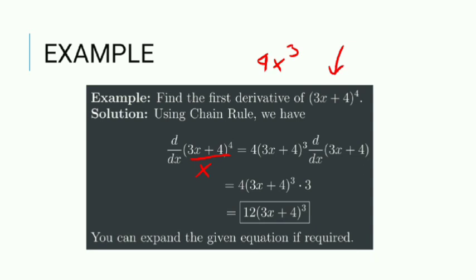And then this x is that, okay? Substitute it back. We will have 4 times the quantity 3x plus 4 cubed. Then let's take the derivative of this term, which is d dx of 3x plus 4, which is just 3. And simplifying, we will end up with 12 times the quantity 3x plus 4 cubed. Then you can expand the given equation if required.